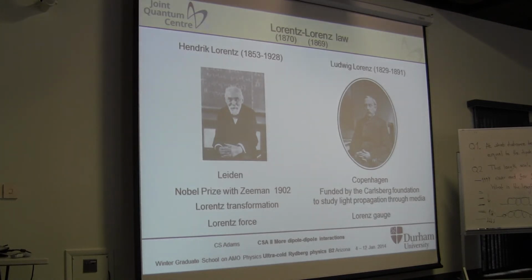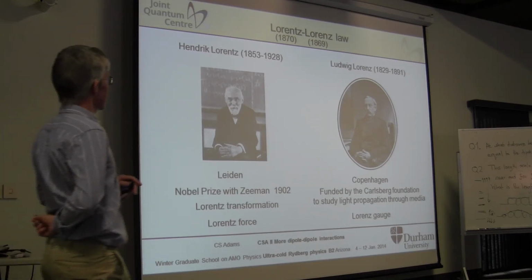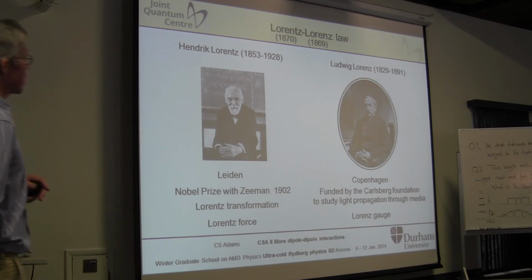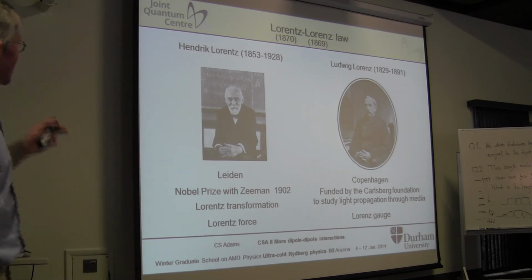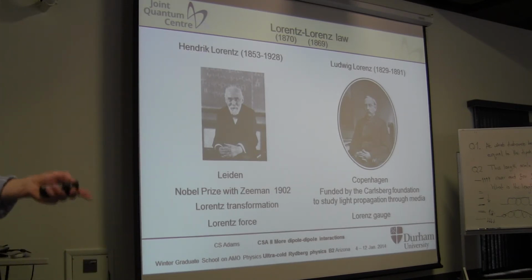Given that we heard some nice stories of important people in the past. So this business of the mean field, I said it's called the Lorentz local field, and it's also connected with the Lorentz law. And this is incredibly confusing. I still find it confusing, so I thought I'd better make a slide trying to figure out who was Lorenz and who's Lorentz.